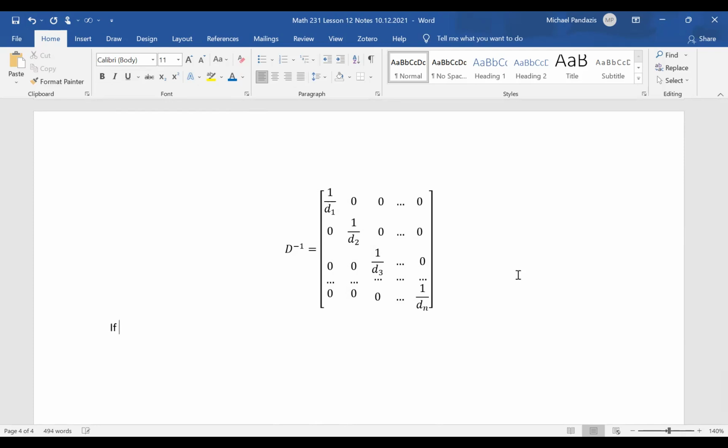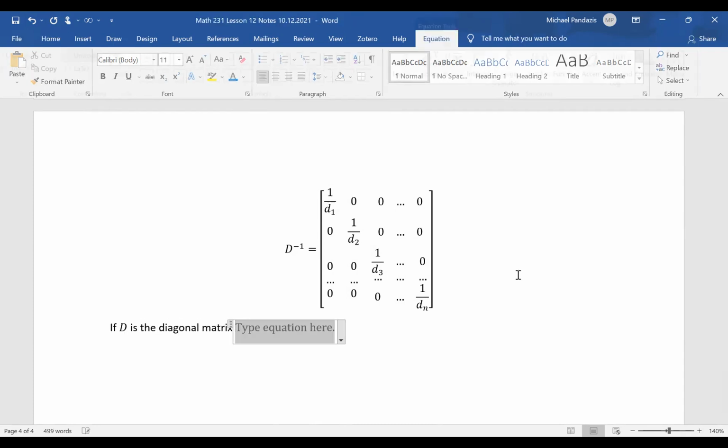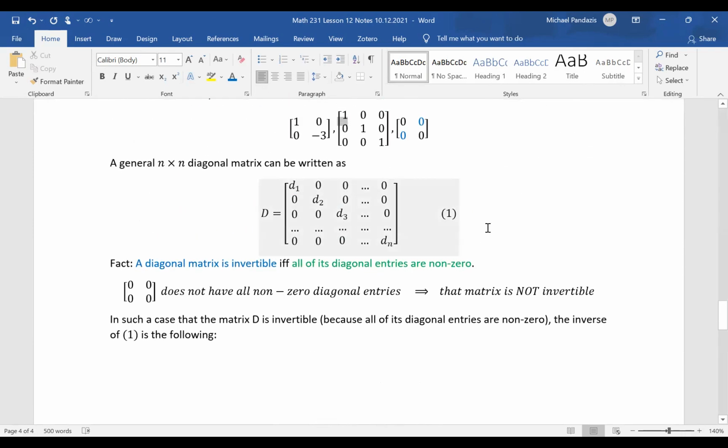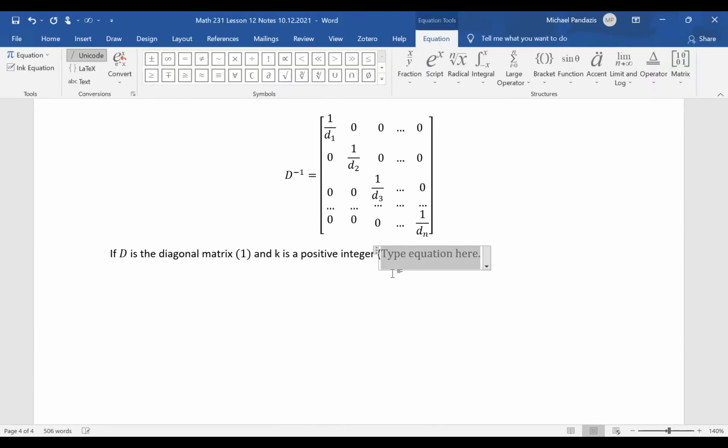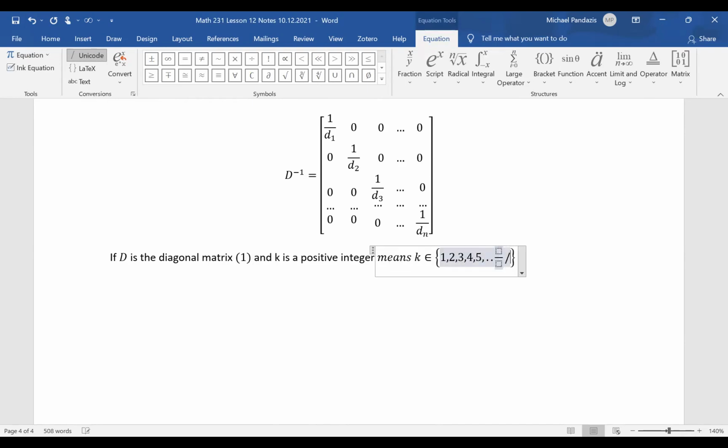Okay. If the matrix capital D is a diagonal matrix, and K is a positive integer, that means K is an element of the set 1, 2, 3, 4, 5, dot, dot, dot.